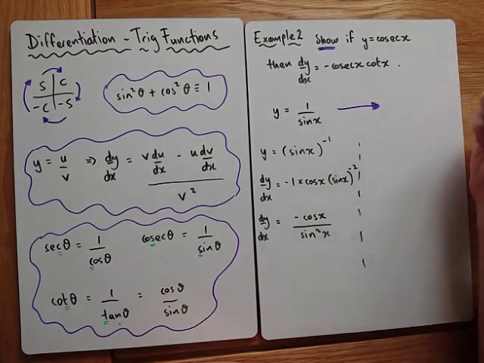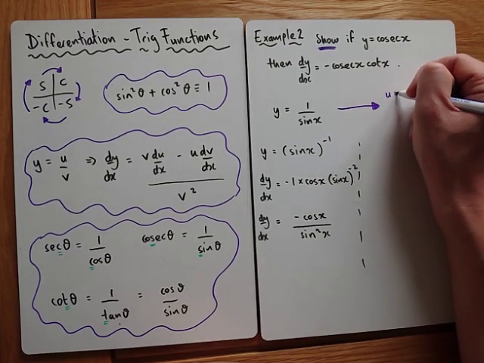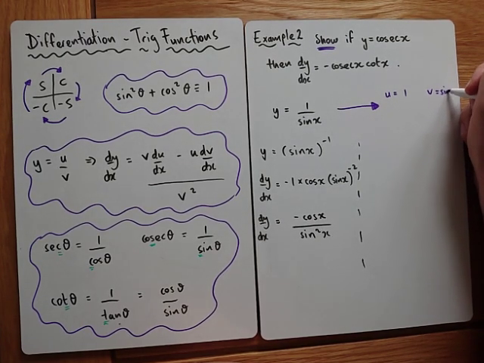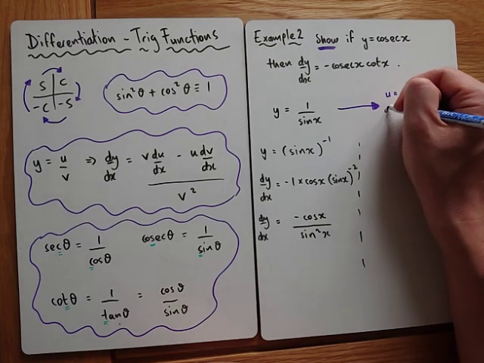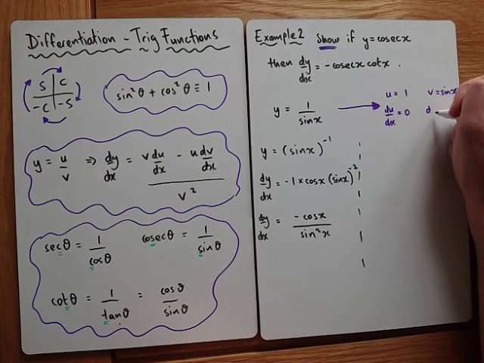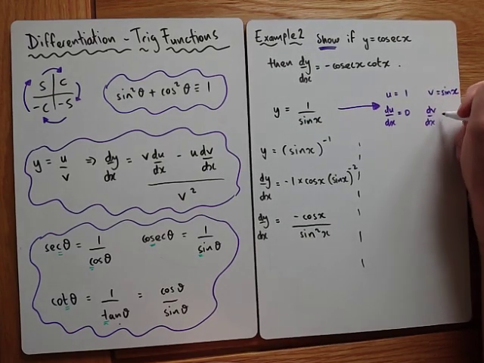So if you prefer to use the quotient rule, then remember u is just equal to 1, v is equal to sine x. So du by dx would be 0, dv by dx would be cos x.